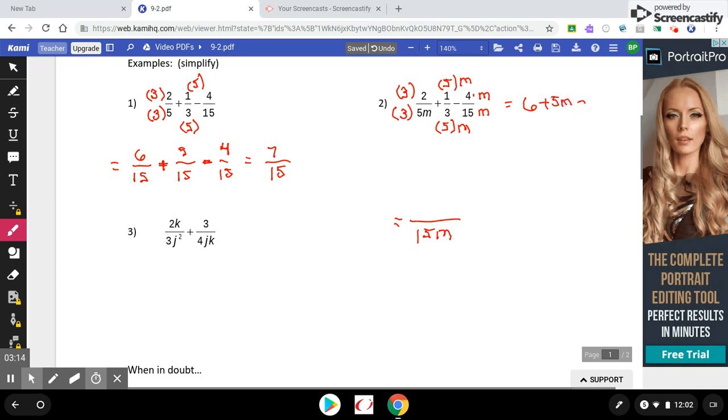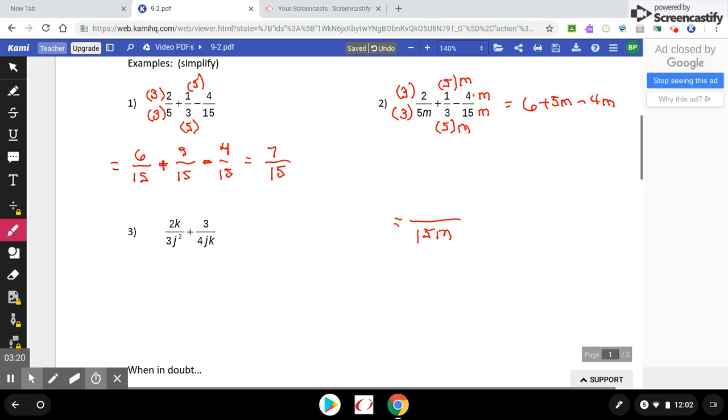And if I multiply that third one out, it would say 4m. So you use your general rules for algebraic simplifying, guys, like terms. Can I add the 6 and 5m together? No. Can I add the 5m and the minus 4 together? Yes. So stuck with the 6. 5m minus 4m is positive 1m.